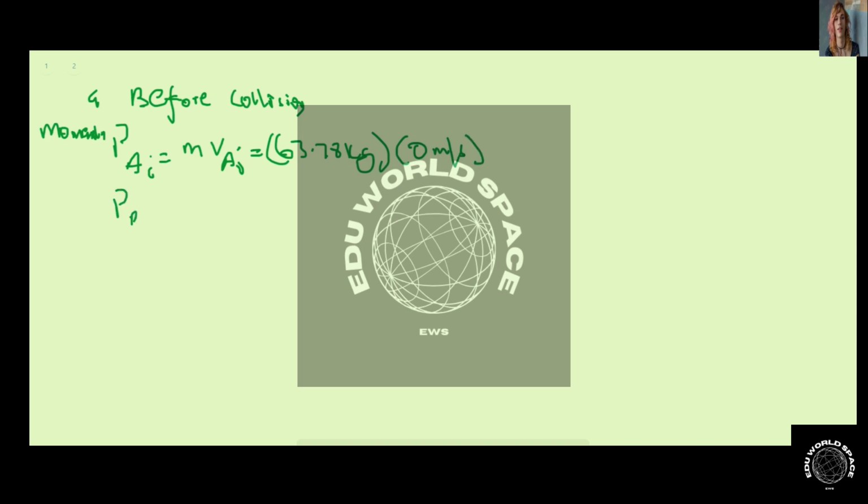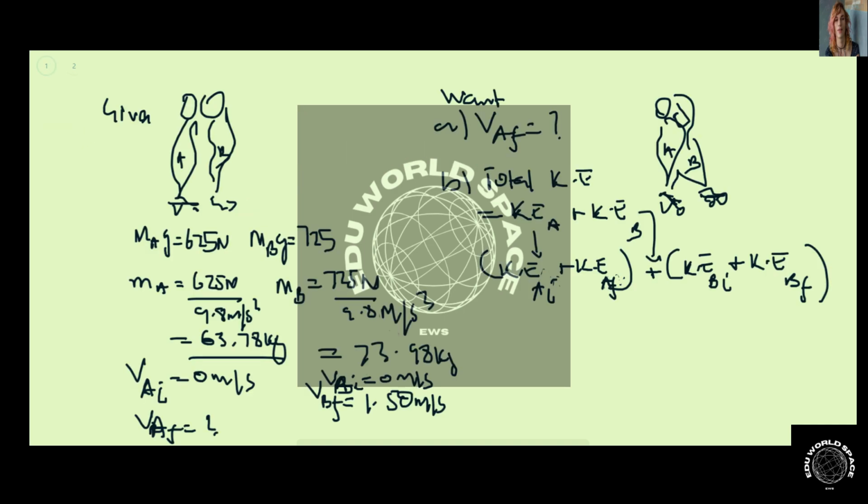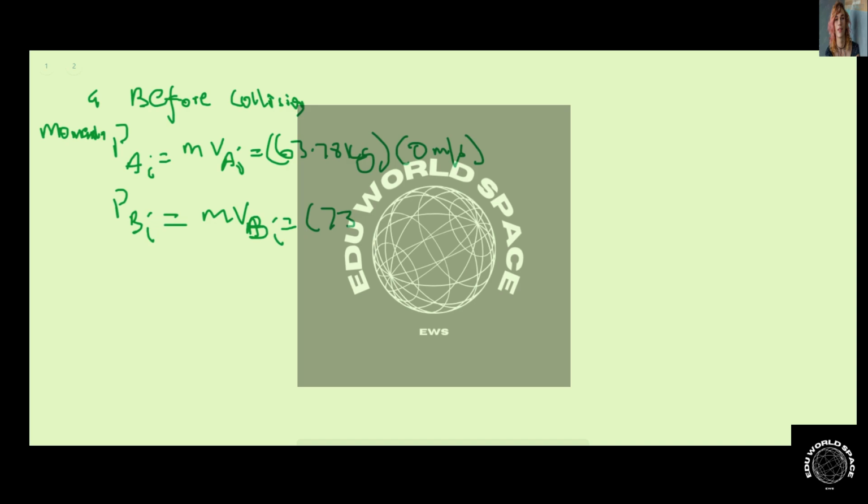We also need to get the initial momentum of B, which is the mass of B times the initial velocity of B. If you go back, you see that the mass of B happens to be 73.98 kilograms. So this is 73.98 kilograms times 0 meters per second.